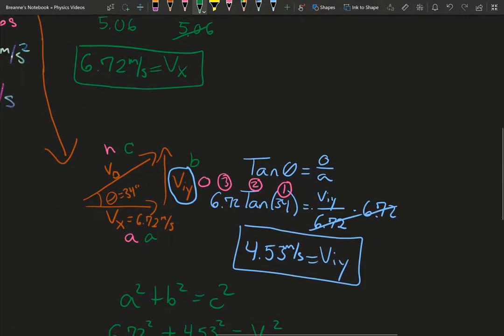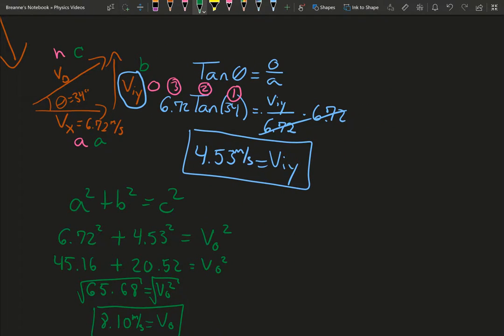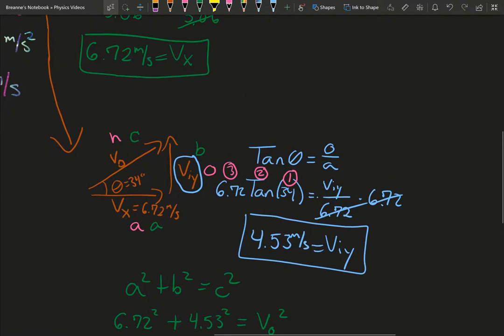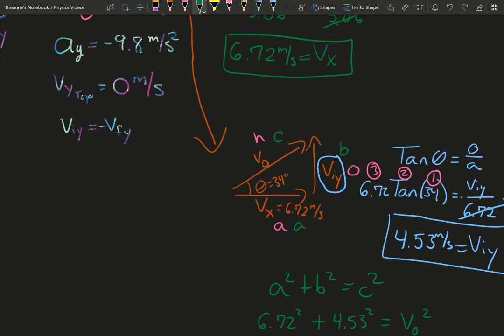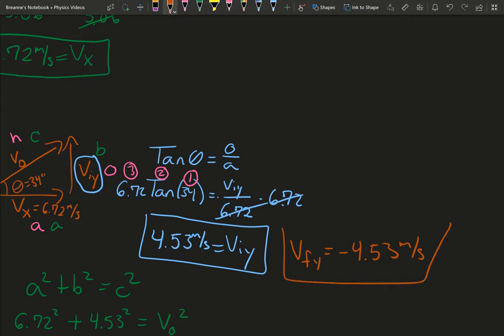Now, don't forget, what's so special about your initial velocity in the y? If we go over here to our givens, it's the same as our final, it's just negative. So our final velocity in the y is the same, just a negative version of our initial.